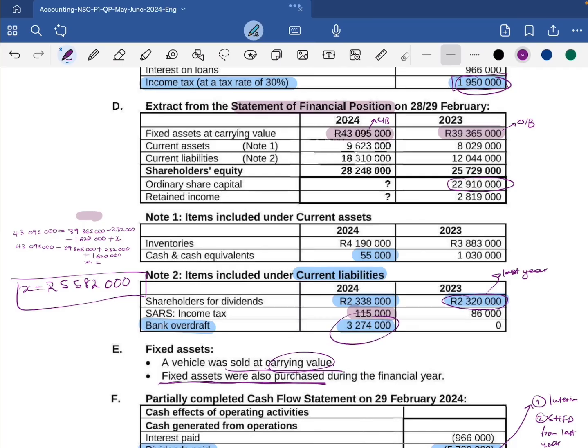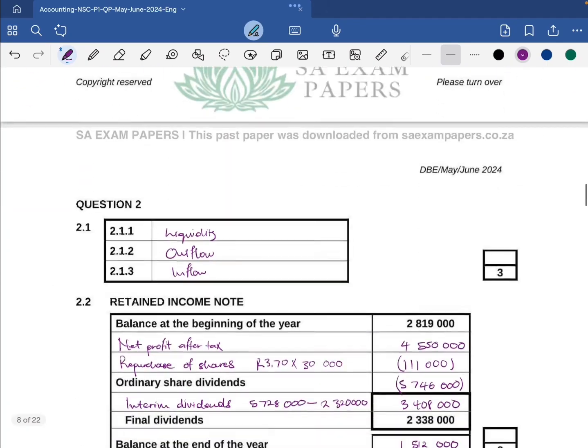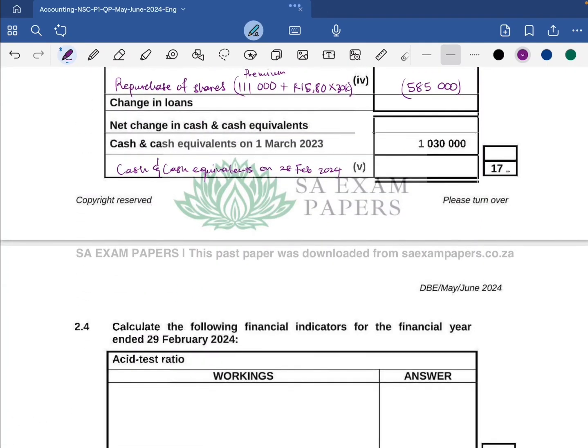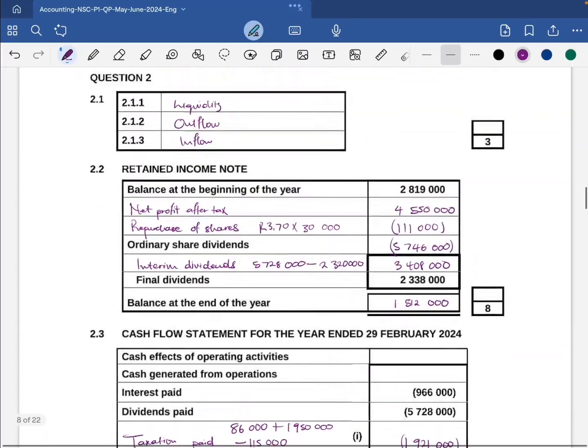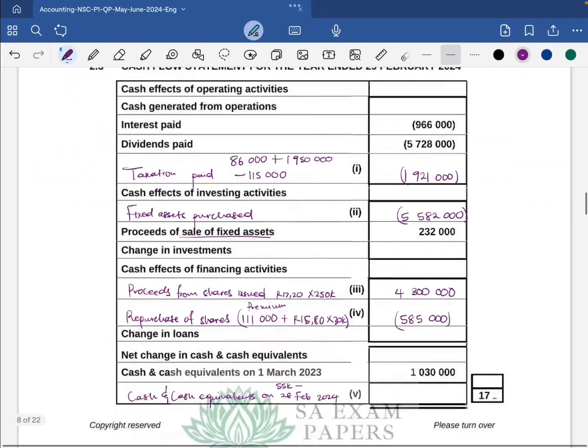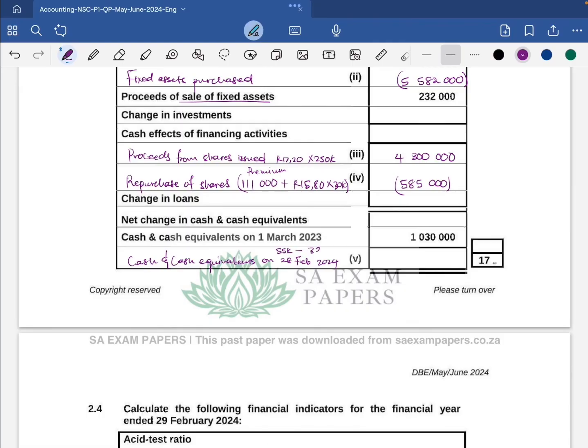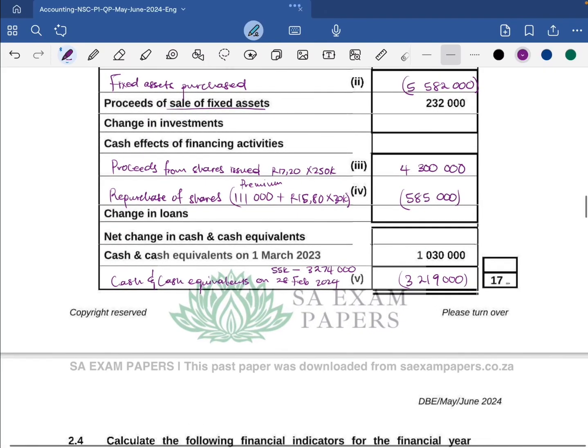So this means that this is supposed to be negative. Okay, so in that case, we're going to have the 55k minus 3,274. Right, then let's get the difference. So that's an amount of 3,219, and of course in brackets. So that's our cash and cash equivalents in our statement of cash flow.